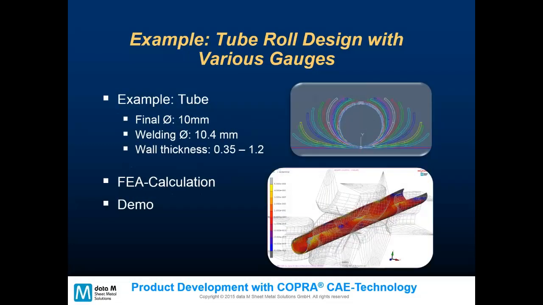So in our example, we have a tube with a final diameter of 10 millimeters. We're welding at 10.4 millimeters and a wall thickness variation between 0.35 to 1.2 millimeters. And we would conduct an FEA calculation upon that. So I'm just going to give you a demonstration on this shortly, and we're going to talk about the FEA results in doing so.